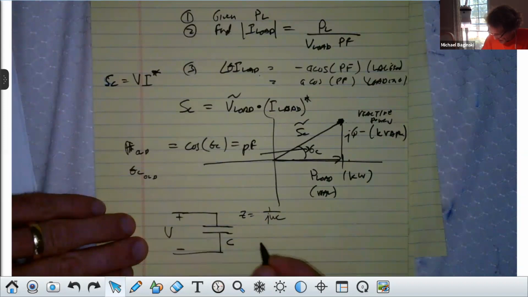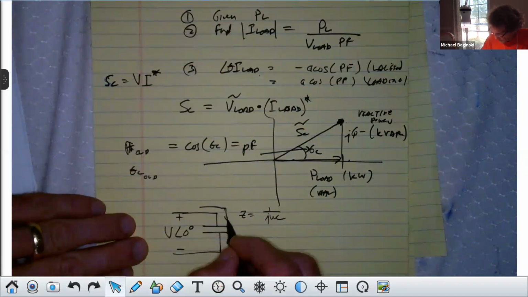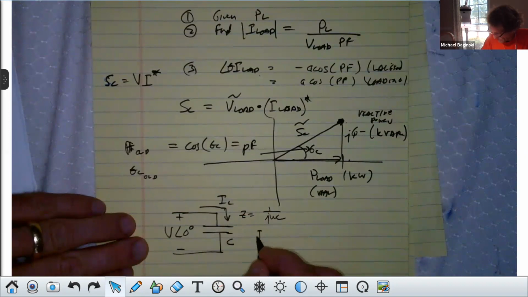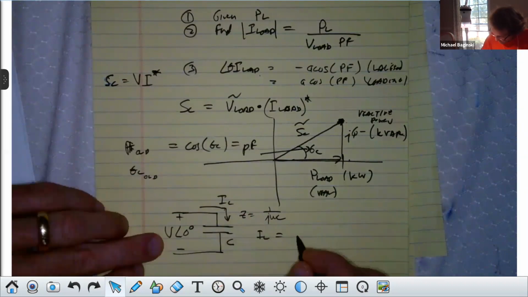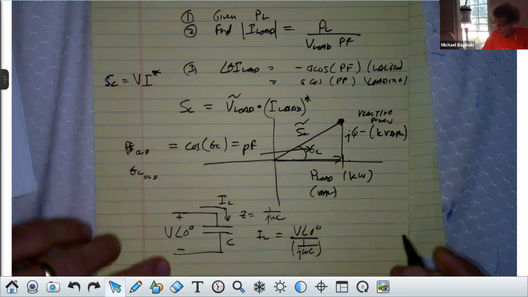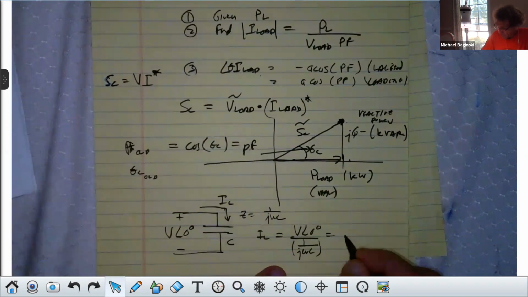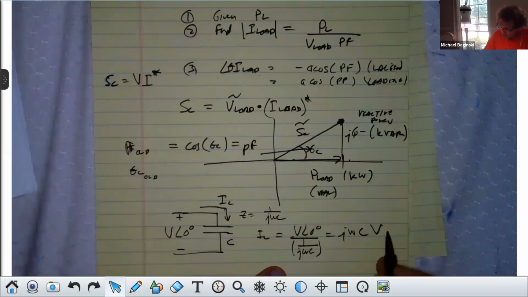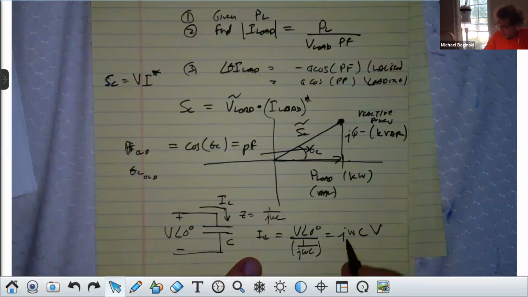Let's make this V at an angle of 0 degrees. Then the current through the capacitor, I sub C, would be equal to V at an angle of 0 degrees divided by 1 over J omega C, or just J omega C times the voltage. And since the voltage is at 0 degrees, the current through that capacitor would be at 90 degrees.